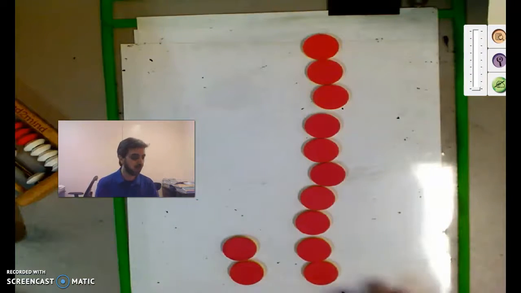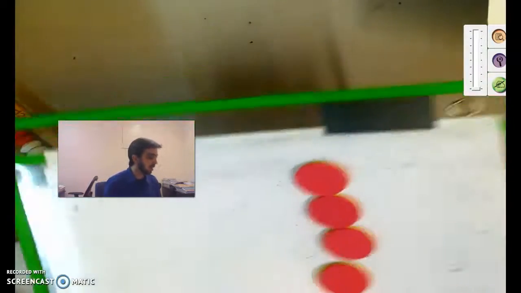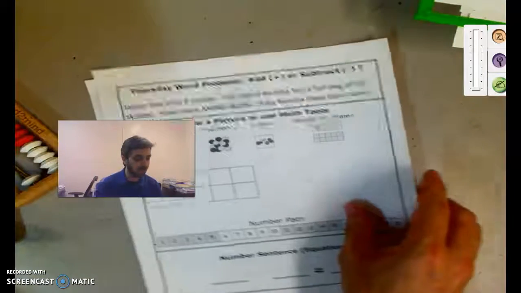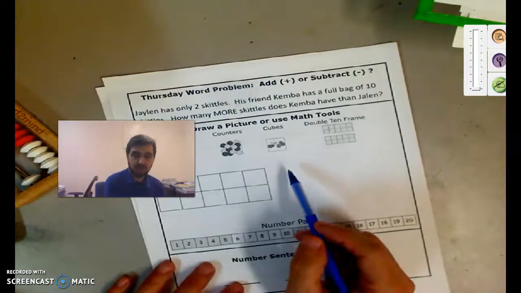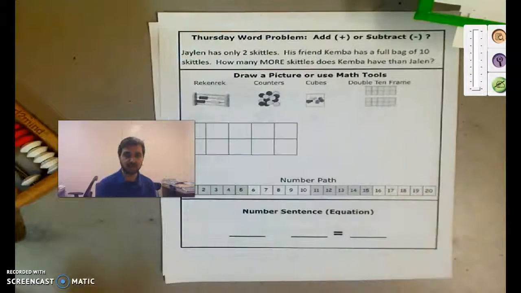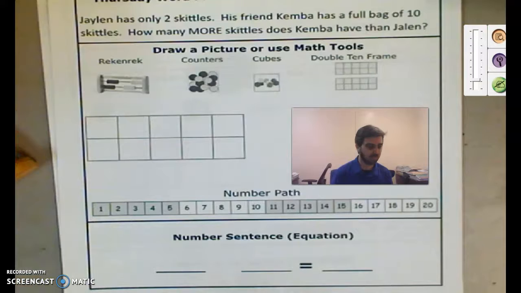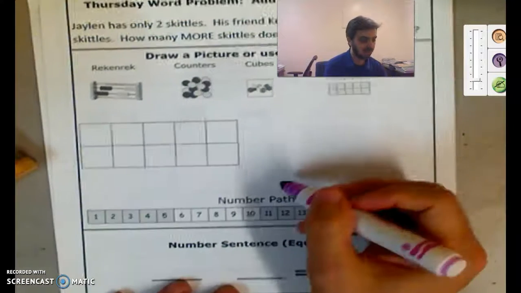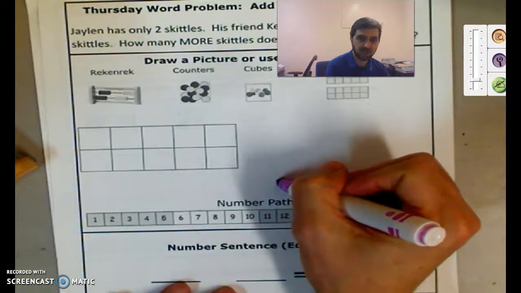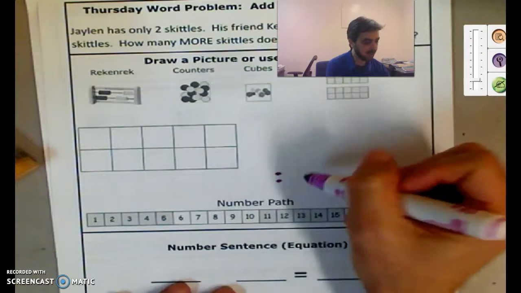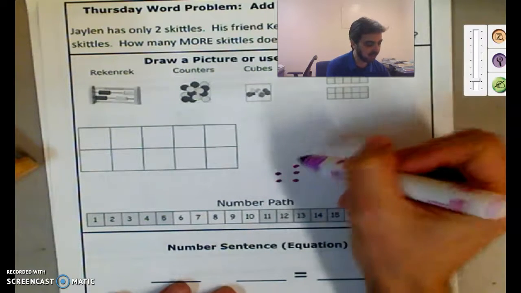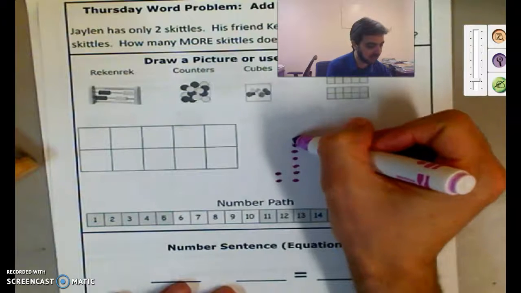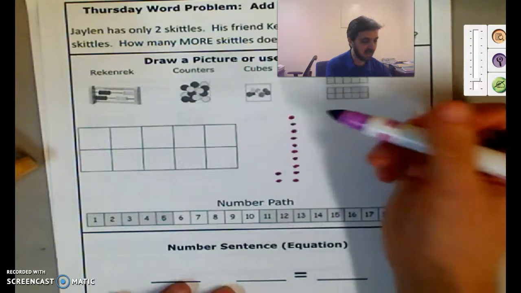Okay, so if we go back to our word problem, all right, we've solved it by showing that, let me make this a little bit closer in now. Hold on a second. All right, so we showed that Jaylen had 2 and Kemba had 1, 2, 3, 4, 5, 6, 7, 8, 9, 10.